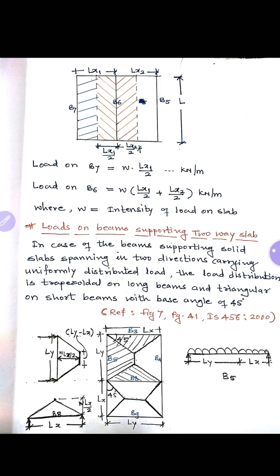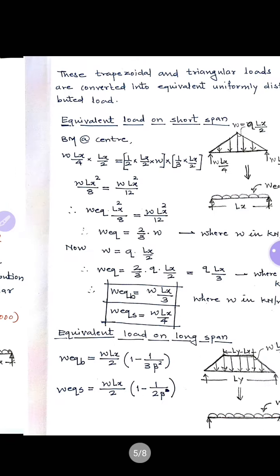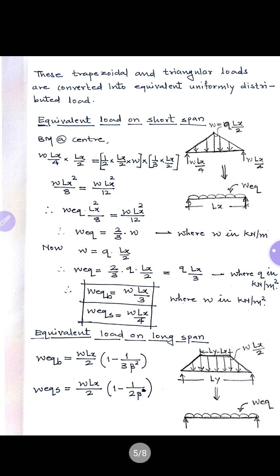But we don't have to consider it as a trapezoidal or triangular area. We want load as a uniformly distributed load. So what is the concept over there? We have to convert this trapezoidal and triangular load into an equivalent uniformly distributed load.